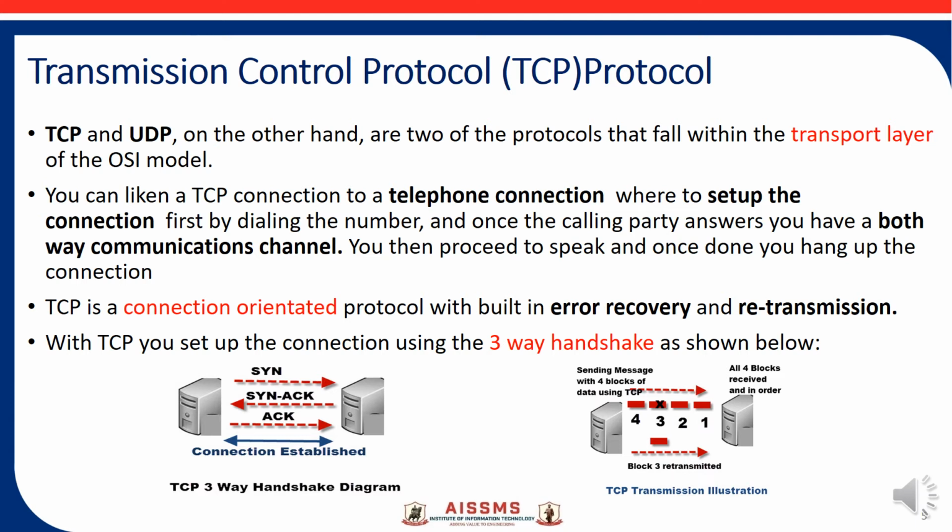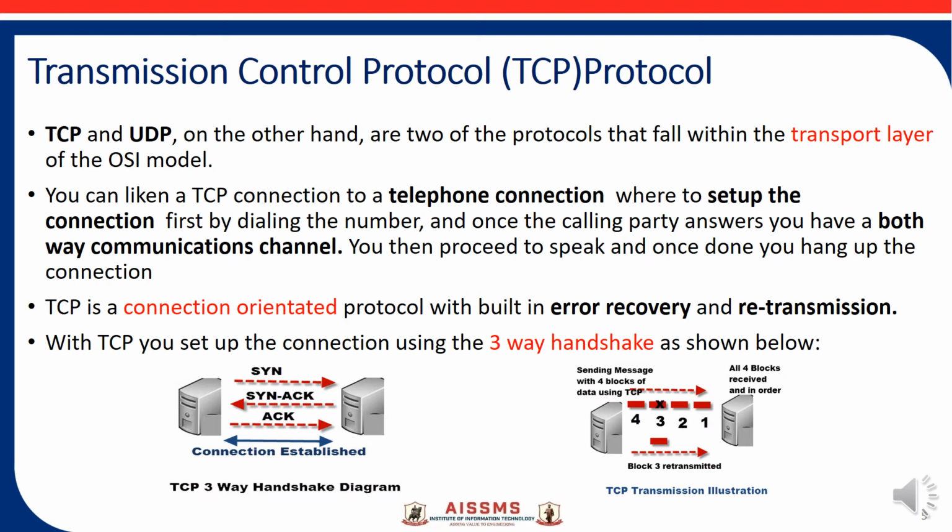In the second figure, an overview is given of how data transmission is performed in the TCP protocol. For example, if the sender wants to send a message, first of all that message is divided into blocks. Here we assume that the message is divided into 4 blocks, which are commonly known as packets.